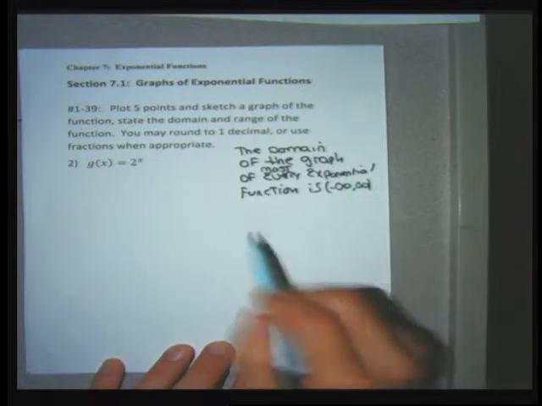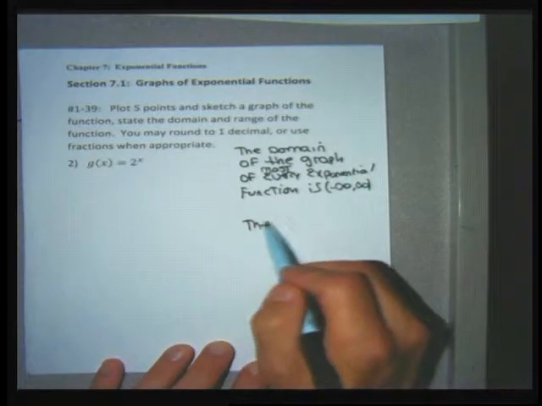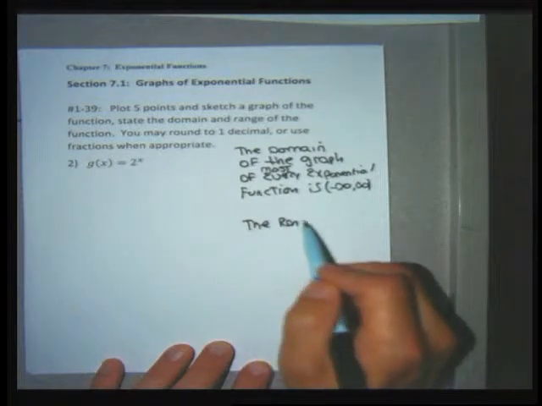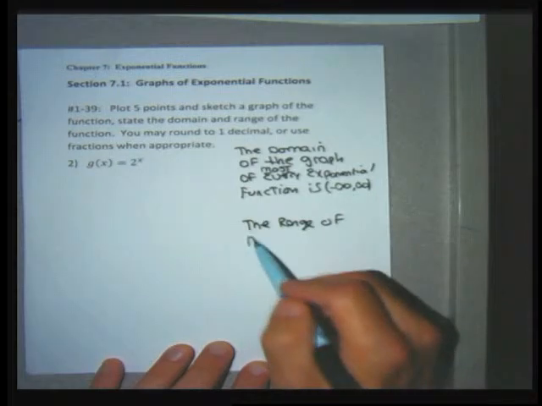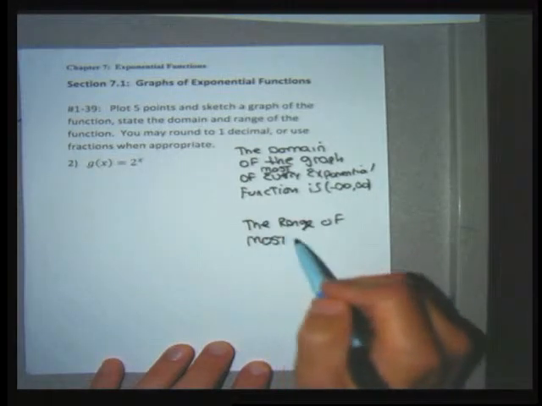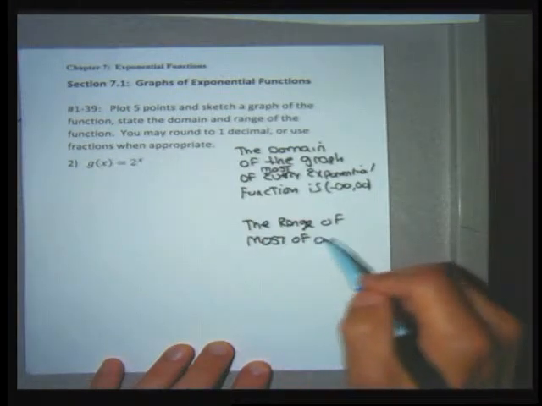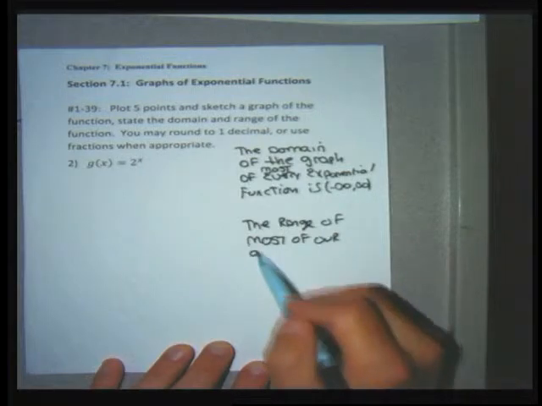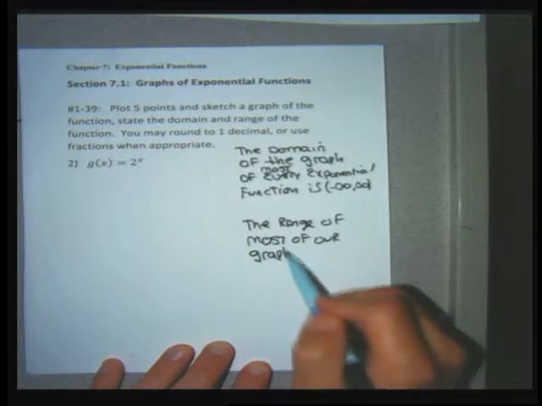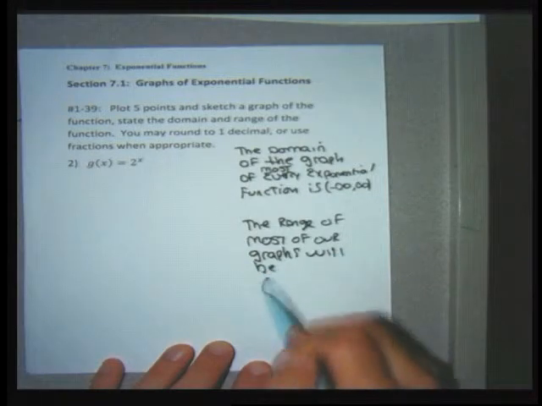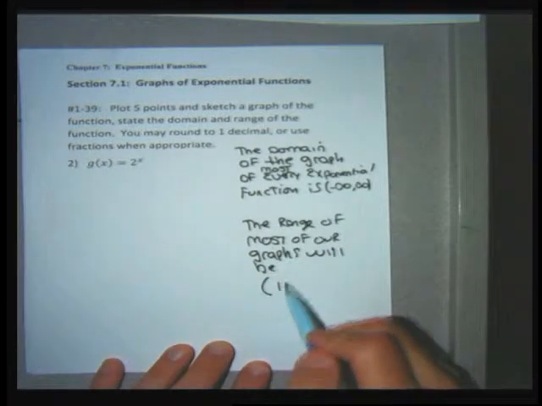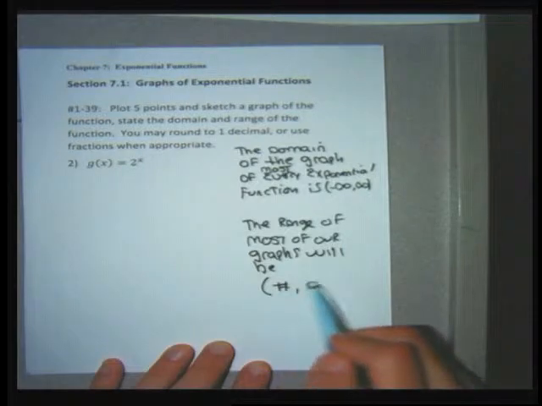And for us, the range, I think of all of our graphs, but I'll say of most of our graphs, will be round parentheses, some number, comma, infinity.